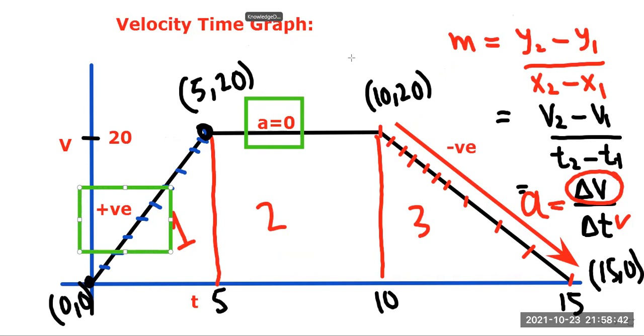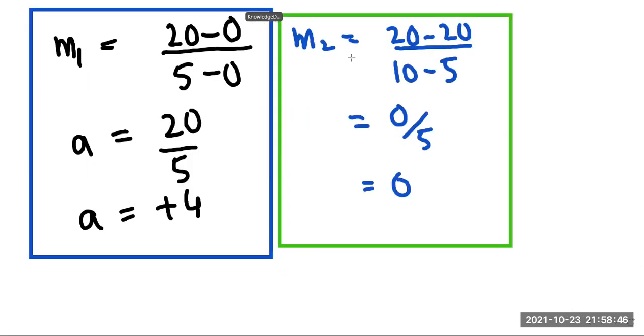Okay, now let's see whether it is negative or not. So for the third part, m would be, oh sorry, y2 minus y1, it is 0 minus 20 over x2 minus x1.